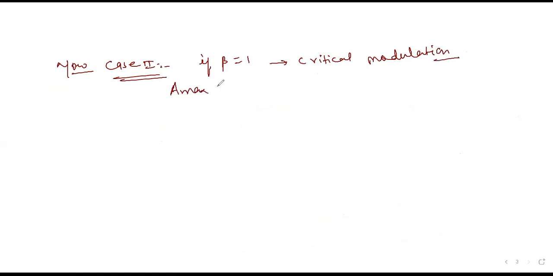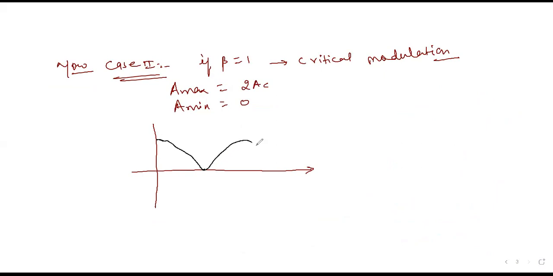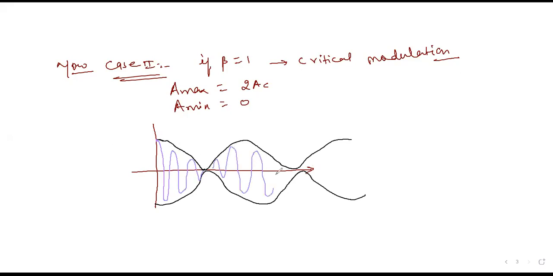So what's the A maximum? A maximum is twice of AC, and A minimum is 0. So your resultant waveform looks like this. The A minimum value is 0, and the A maximum value is twice of AC.